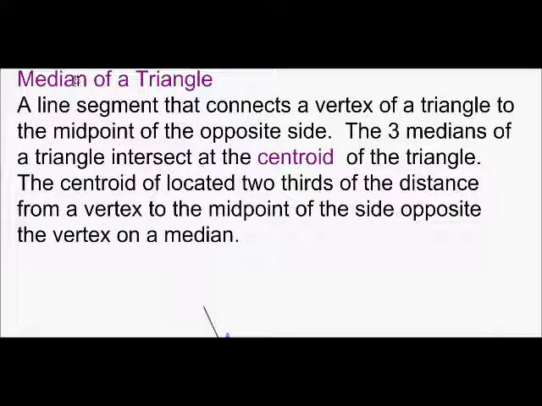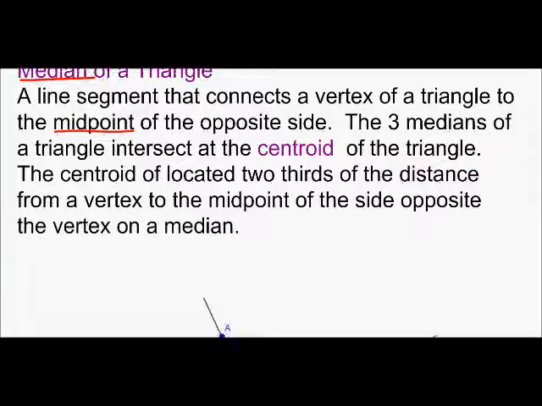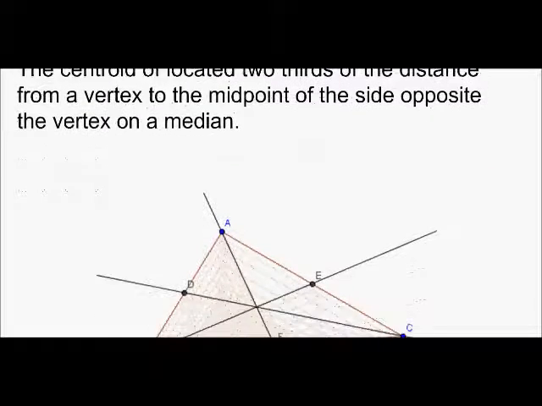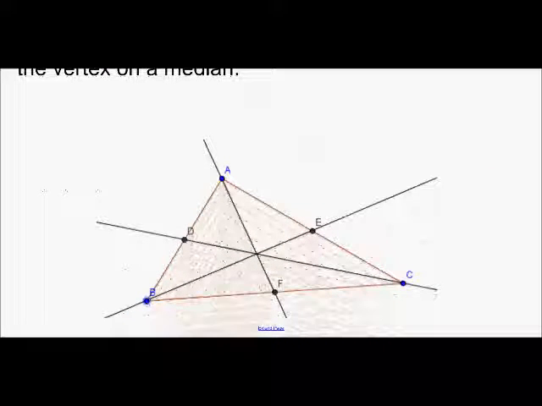You can see median, middle, midpoint, so those go together. The 3 medians of a triangle intersect at the centroid, and the centroid is located 2/3 of the distance from a vertex to the midpoint of the side opposite the vertex on a median. So that's a lot of stuff there.